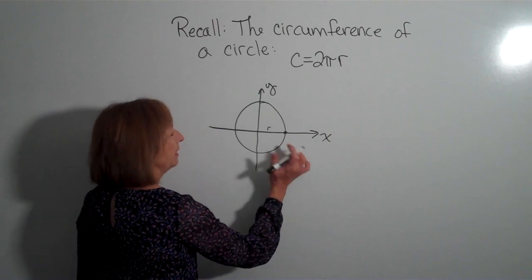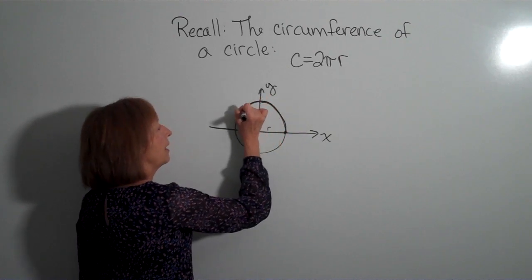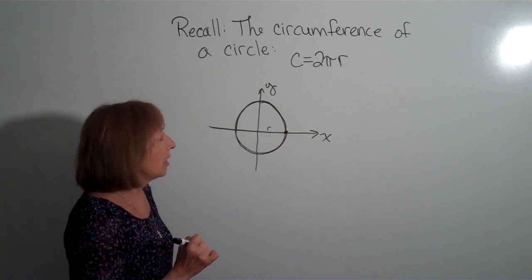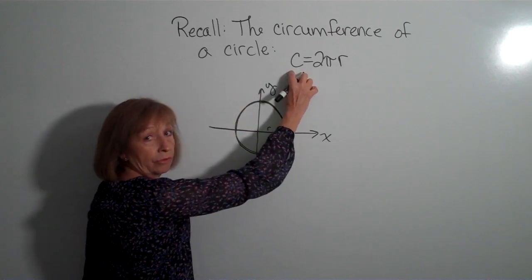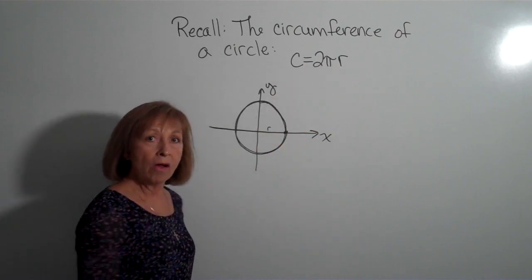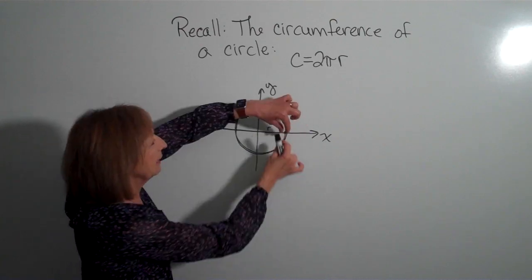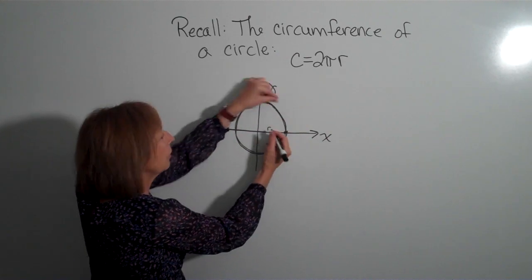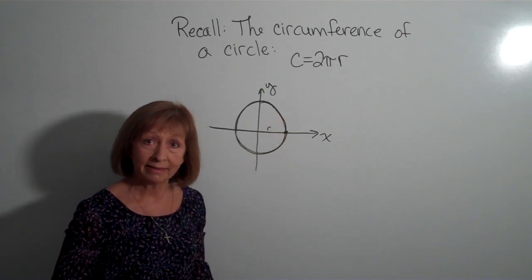So if I have my radius of r, and I start at the circle and go all the way around and end up back on the circle at my starting point, the entire distance around the circle is called the circumference, and the circumference is equal to 2 pi times r. Well, r is a length measurement, and laying the r out along the circle and then finding the central angle that subtends that arc is a radian.